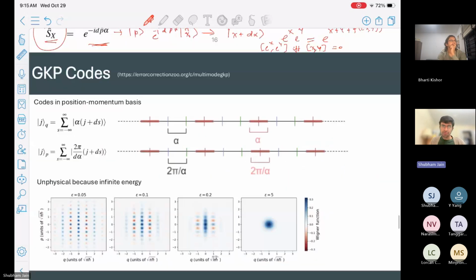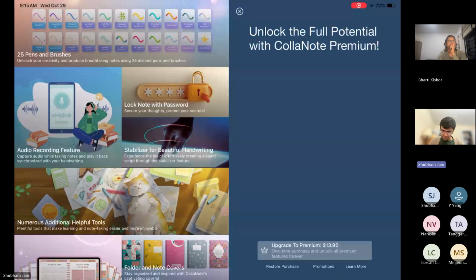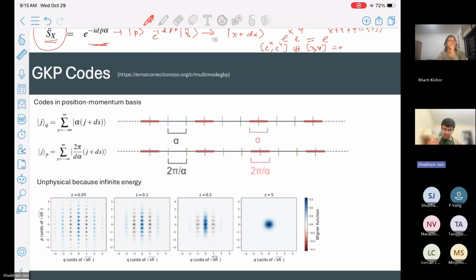Right? We can look at the Wigner functions of these things. Those are quite instructive also. So if you take this kind of GKP code and you plot the Wigner function in the phase space, then it's just an array of these peaked probabilities in constant intervals. Here I've taken alpha equals root pi to plot.